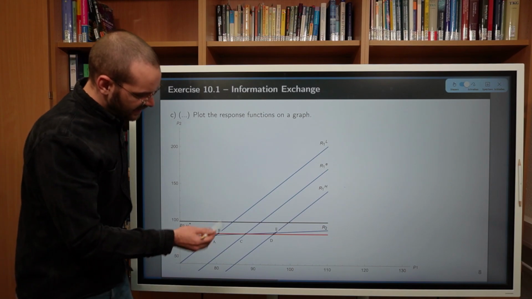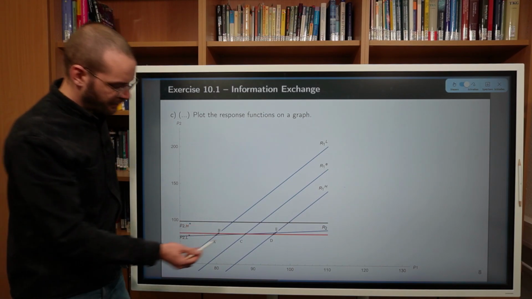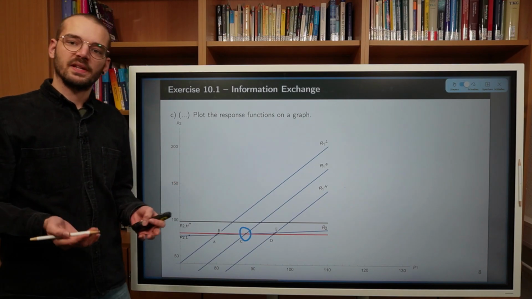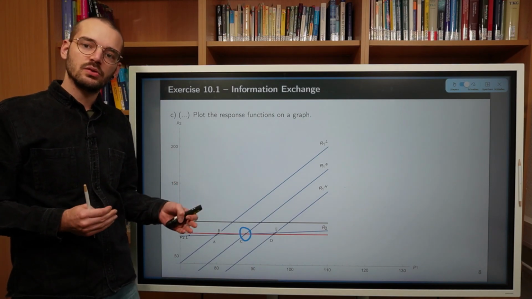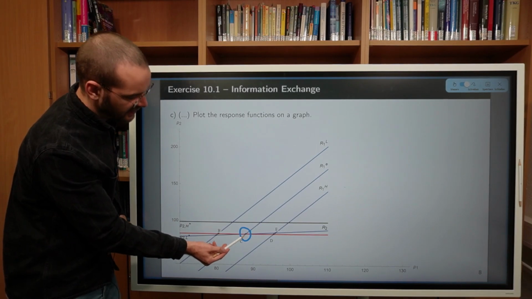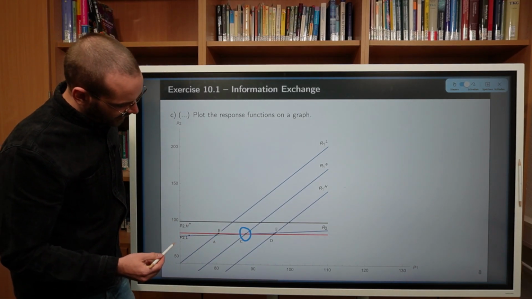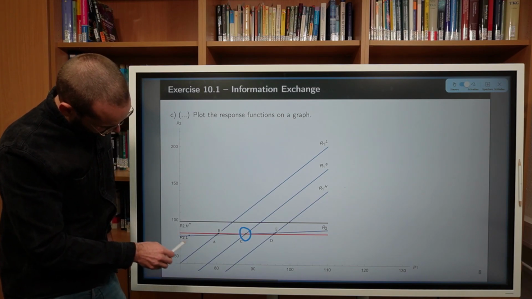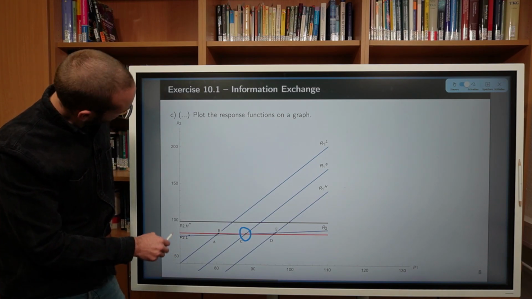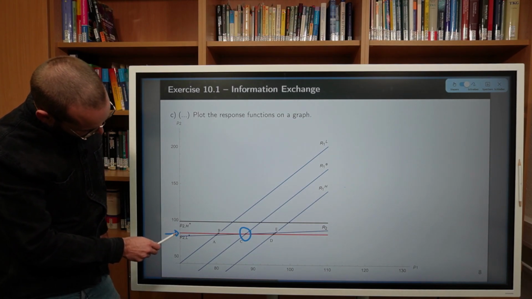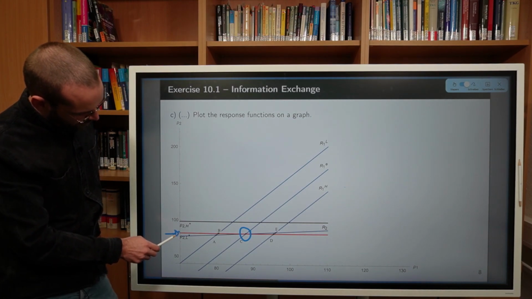So we said that in a world where firm 2 has low costs and has to form an expectation regarding firm 1's costs, we are in point C. Point C implies a price from firm 2 that is right here on this axis.